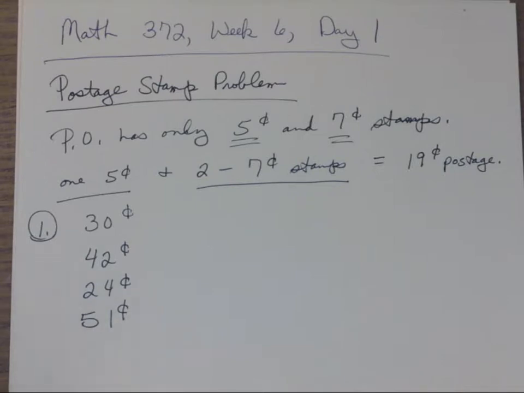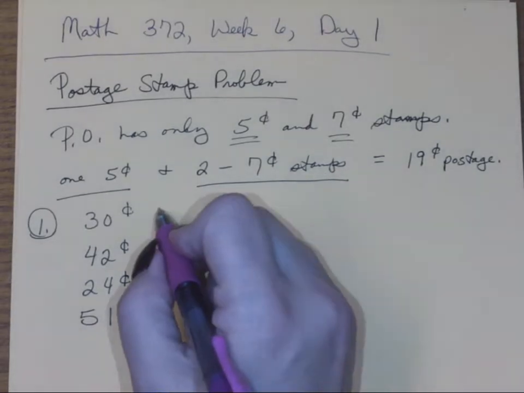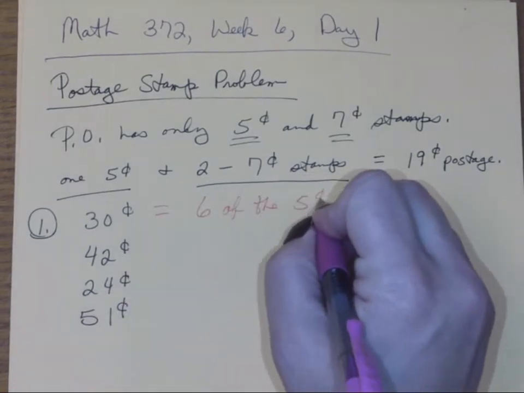Okay, so what do we think? 30 cents. If I wanted to make 30 cents, I don't even need the 7-cent stamp, right? I can just do 5-cent stamps. So what could I do there? 6 5-cent stamps, right? So over here I'm going to say equals 6 of the 5-cent stamps.